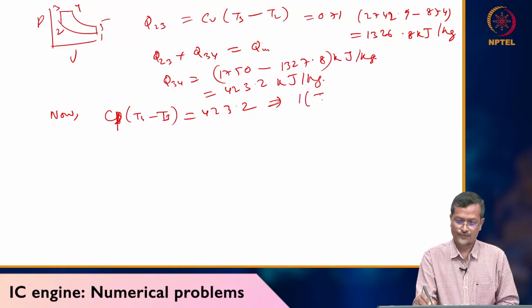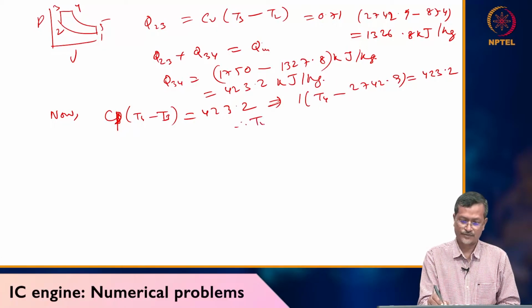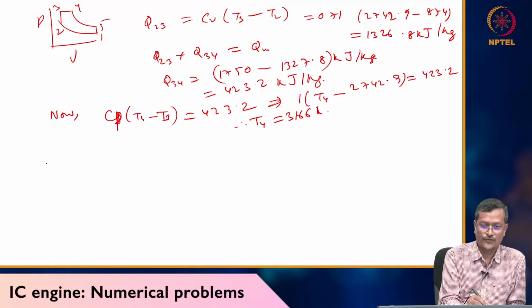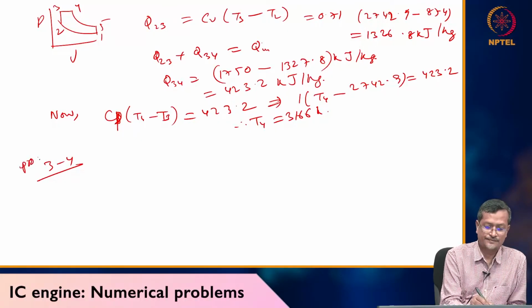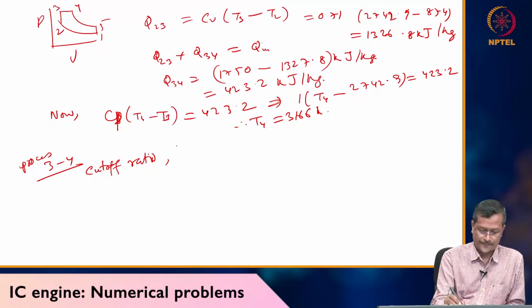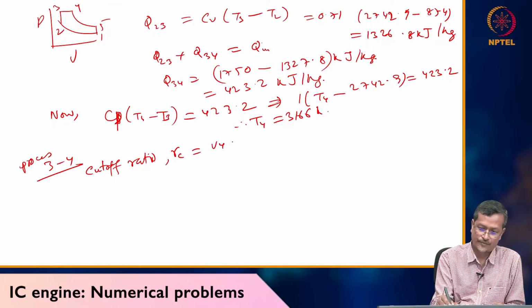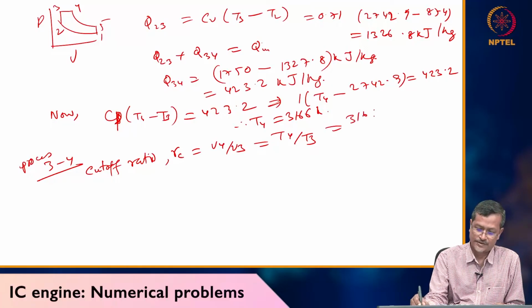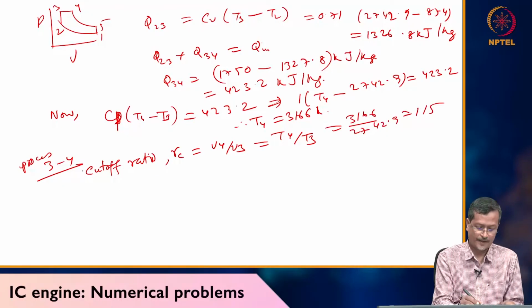So 1 into (T4 minus 2742.9) equals 423.2. So this is giving T4 equals 3166 K. For constant pressure process 3 to 4, cutoff ratio RC equals V4 by V3 equals T4 by T3 equals 3166 divided by 2742.9 equals 1.15.